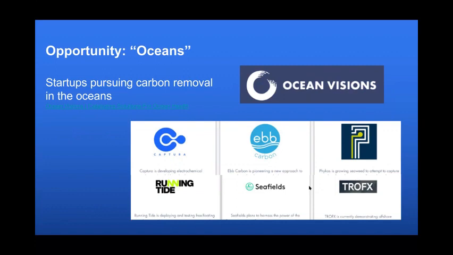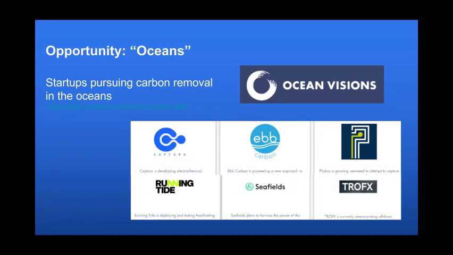Shifting for a moment to the oceans, there's a tremendous amount of work going on in the oceans. I don't really have a lot of slides to discuss these in detail, but there's an organization called Ocean Visions, which is looking at ways that the oceans can maybe heal themselves or get help in healing themselves.